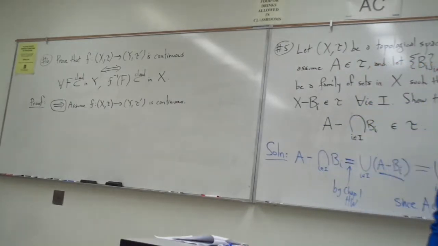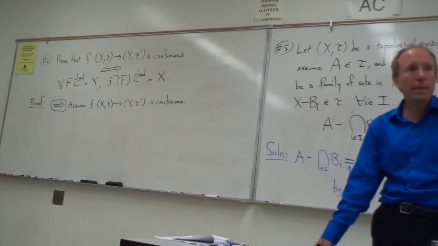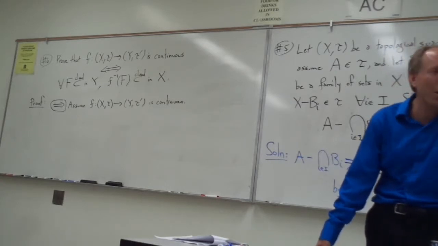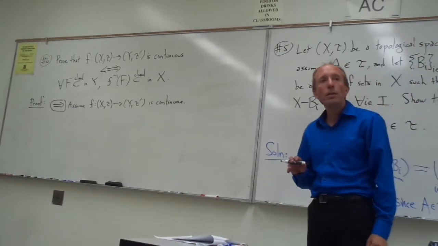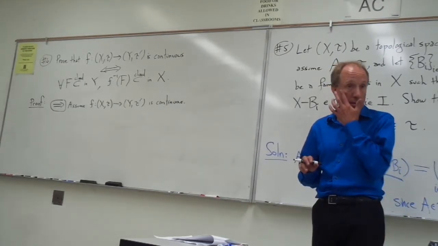Since we know that, can we use prop 10, or it's technically prop 8, but the numbers don't matter, I just want to make sure everybody's clear. I can use a U that's open, and then say that Y minus U is equal to F, which is closed.